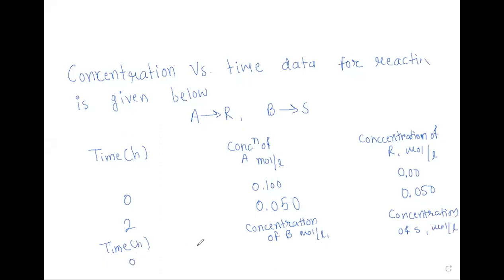At time 0 hour, the initial concentration of B is 0.10 and the concentration of S is 0.00, so no formation of S at time 0. At the second time, it becomes 0.075, and here 0.025 formation of S.